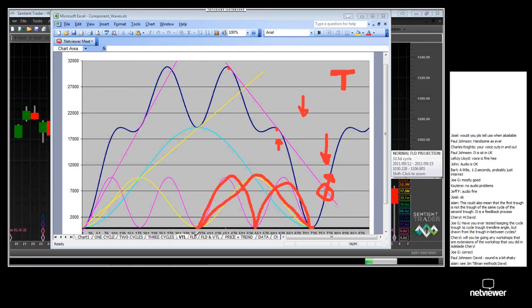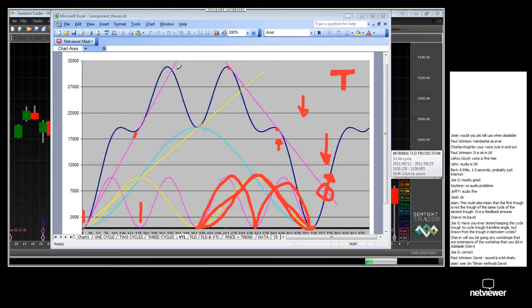So, at this point over here, where I've drawn this cross, this interaction between price and VTL, in other words, price crossing the VTL, has provided us with confirmation that this trough in price is a trough of the yellow cycle, which of course we know it is because this is an idealized price movement. But when you're trying to find the cycles in a price movement that you don't necessarily fully understand, that's very important and very useful information.